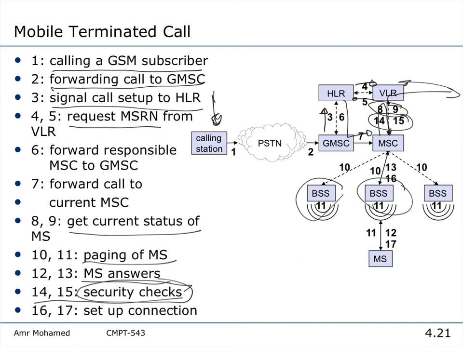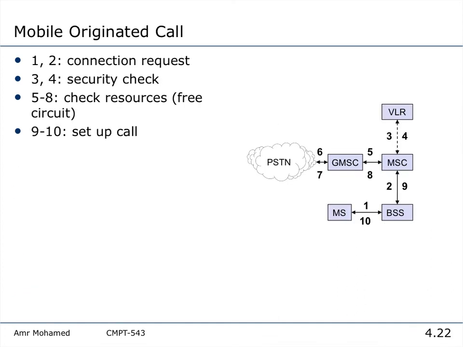Any other questions? Of course, if it's the other way around, which means that a mobile station is trying to call a landline, in that case, I don't need to page, I don't need to broadcast, because the mobile station is the one that's initiating, so it knows its location area. So many of these steps are not needed, right?